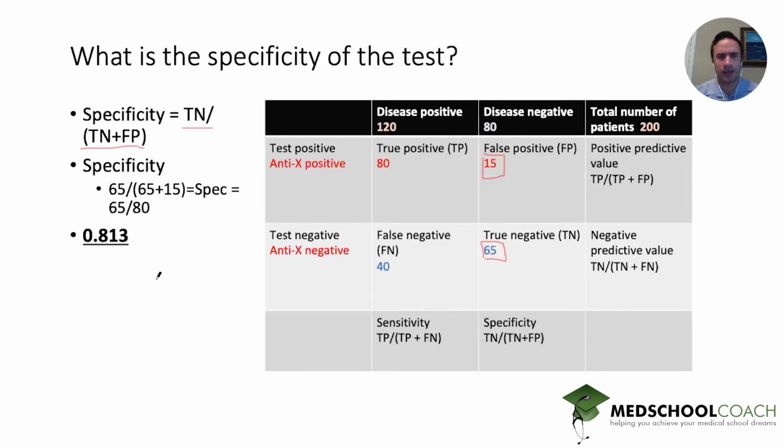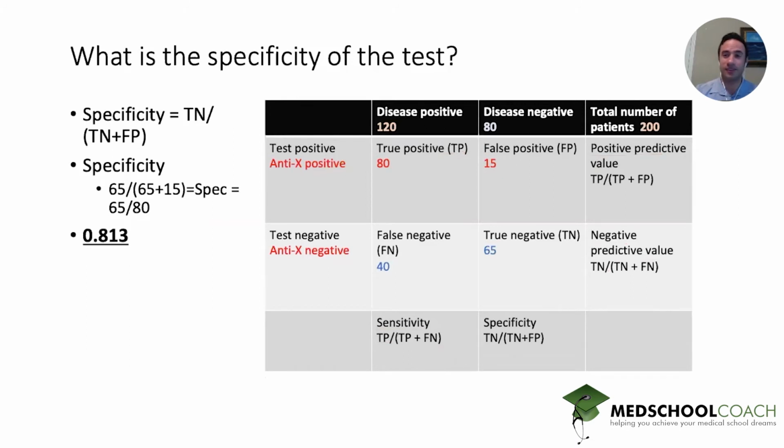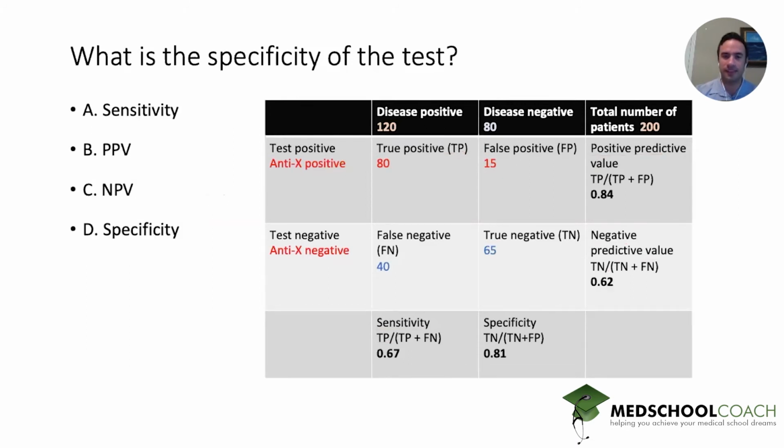So taking a step back and looking at some of the other features of this test. Okay, let's look at some of the other answer choices. The sensitivity, which works out of the first column. So the sensitivity, conceptually, is looking at the disease first. If the patient has the disease, what's the likelihood that the test is going to capture that?